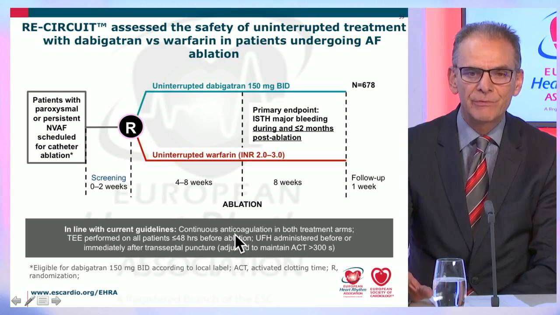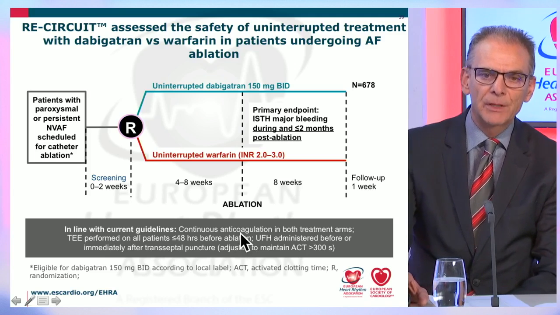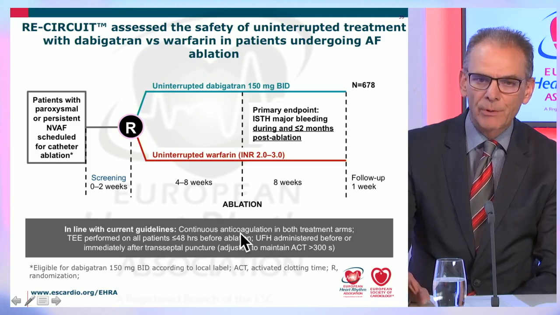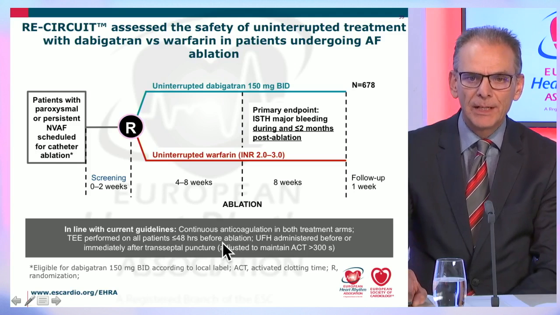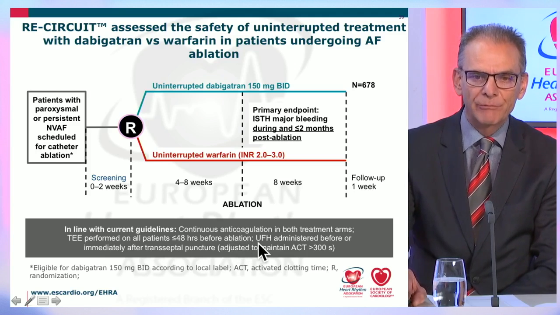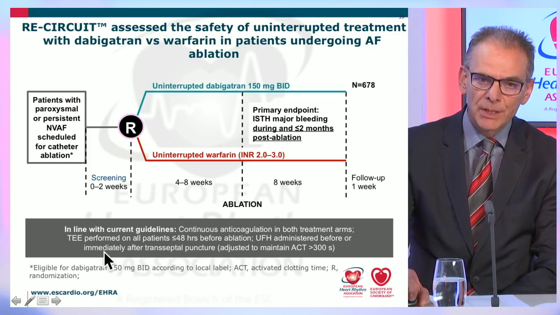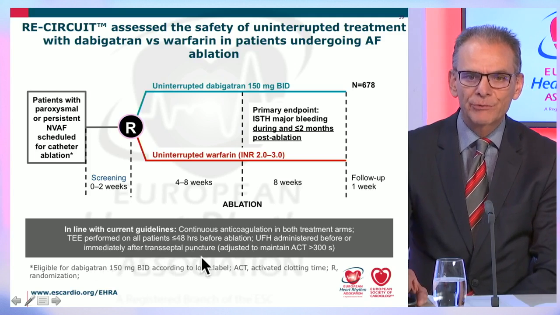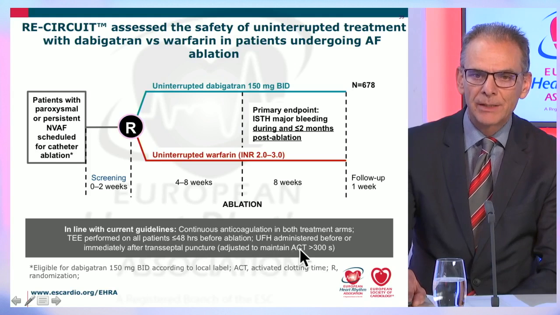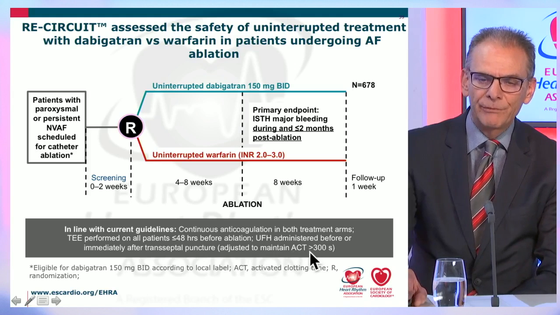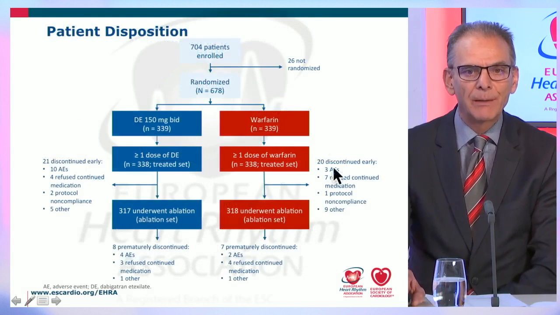So all patients received the morning dose, and the dabigatran could be resumed after the procedure as early as 3 hours or, at the latest, the evening of the same day. During the procedure, patients were treated with unfractionated heparin, which was encouraged to be administered immediately after or before transseptal puncture. And we asked the investigators to adjust the ACT to a level of above 300 seconds, as it is recommended by the guidelines as well.